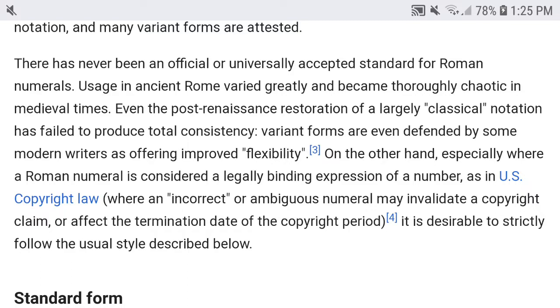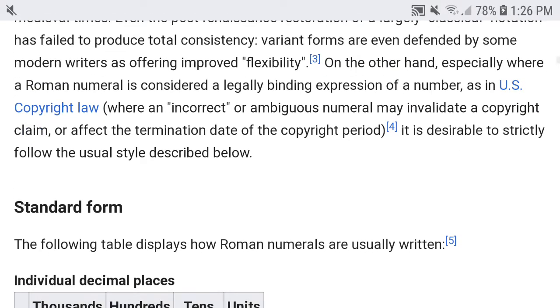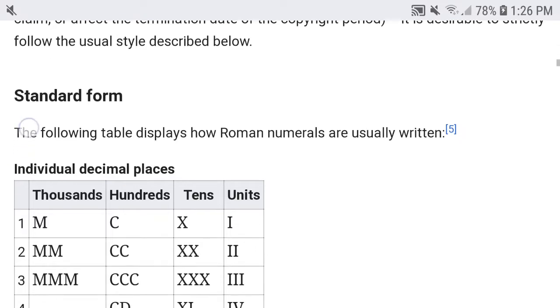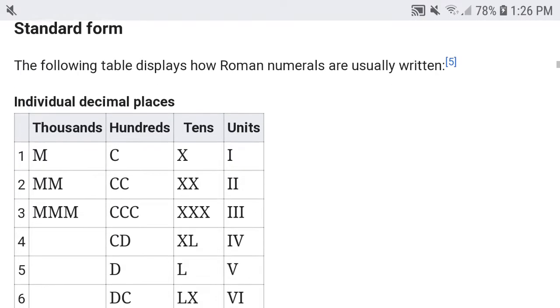On the other hand, especially where a Roman numeral is considered a legally binding expression of a number, as in U.S. copyright law, where an incorrect or ambiguous numeral may invalidate a copyright claim or affect the termination date of the copyright period, it is desirable to strictly follow the usual style described below. The following table displays how Roman numerals are usually written.